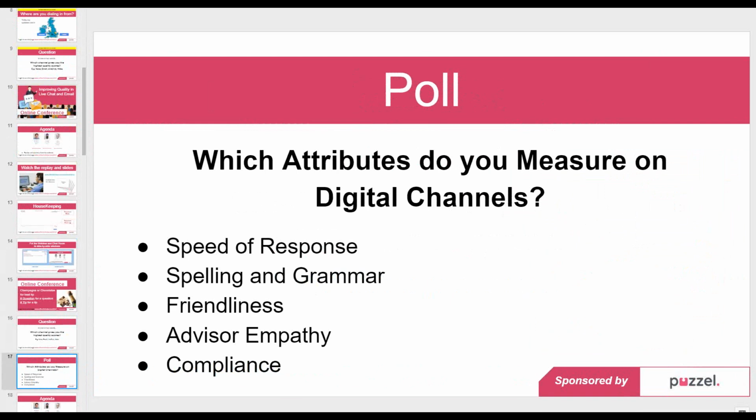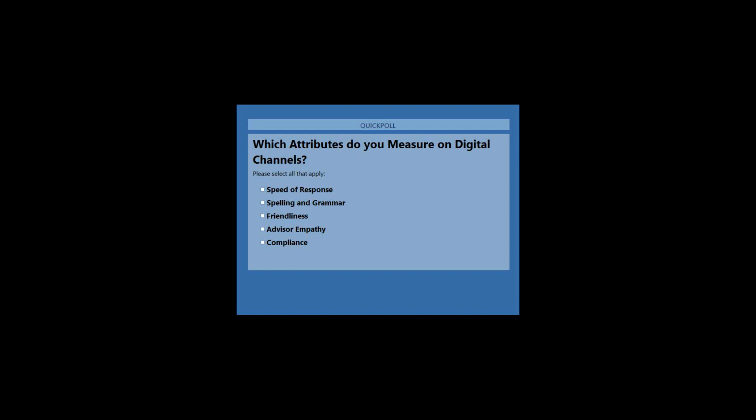And I just want to launch a quick poll, and that is, which attributes do you measure on digital channels? Perhaps pick the top three from this list. Is it speed of response? Is it spelling and grammar? Is it friendliness? Is it advisor empathy? Or is it compliance?